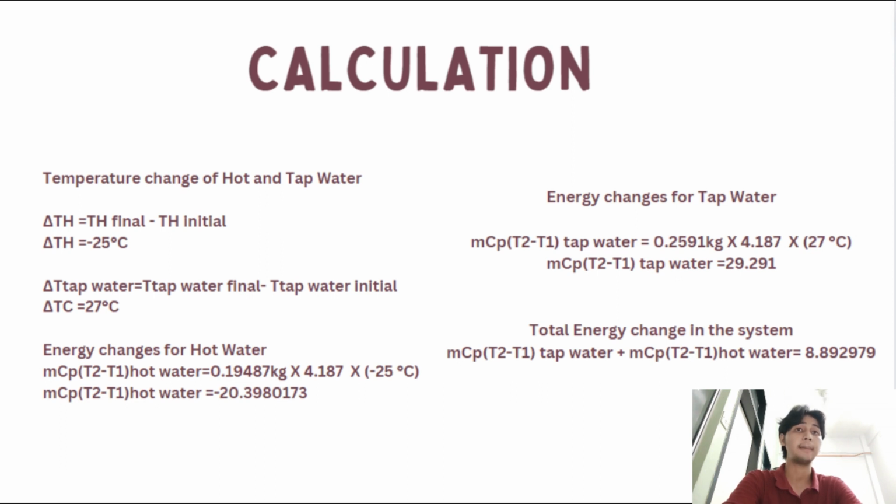The formula is mass times specific heat capacity times difference in temperature of hot water. The mass is 0.19487 kg times 4.187 for specific heat capacity, and the temperature difference is negative 25.